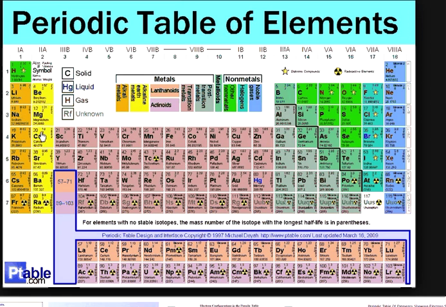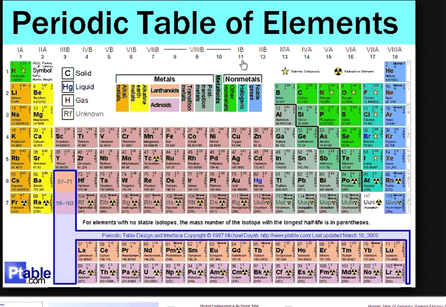Then we have the nonmetals, and as you can tell, they are designated by color too. So the green, this pretty blue-green color here, would be a nonmetal. These noble gases are also considered nonmetals. So they break them down, to the best of their ability, into metals versus nonmetals.